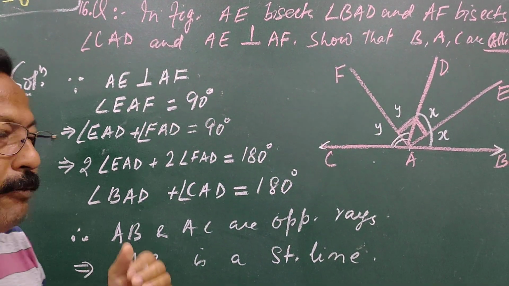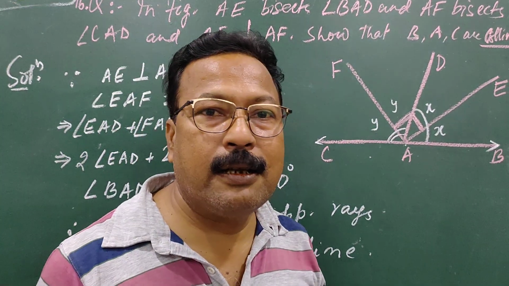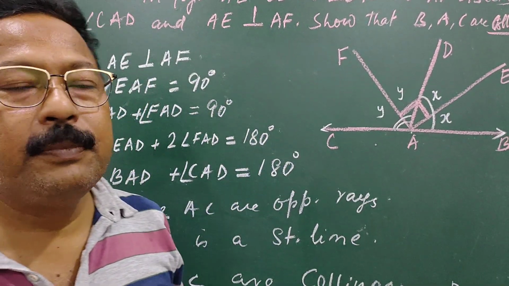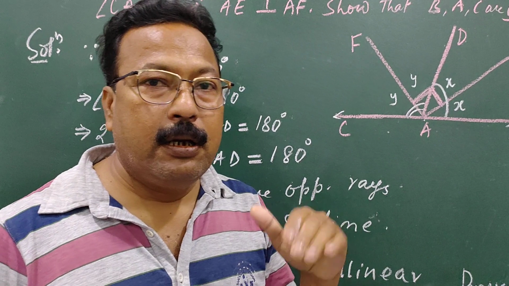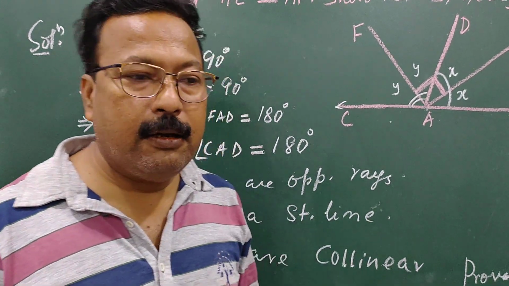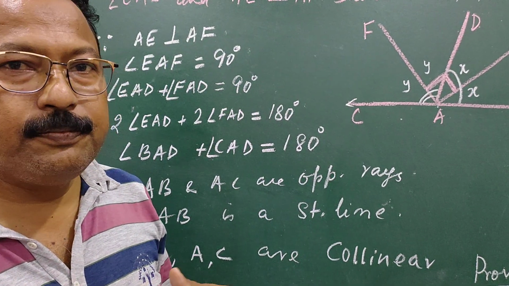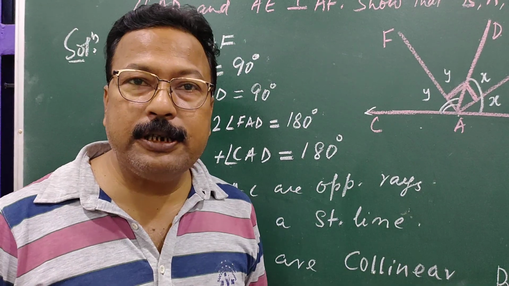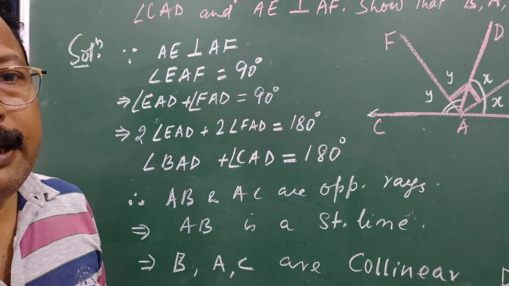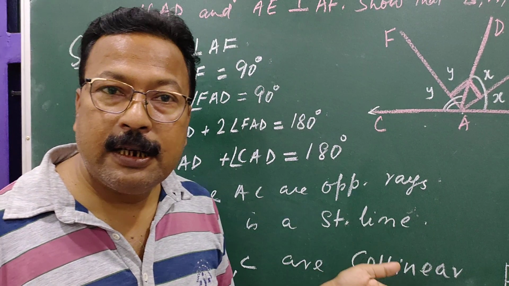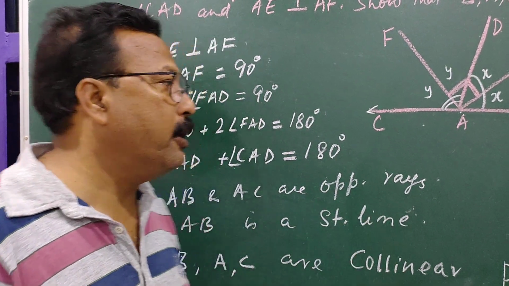Collinearity: when three or more points are lying on the same line, then the points are said to be collinear points.